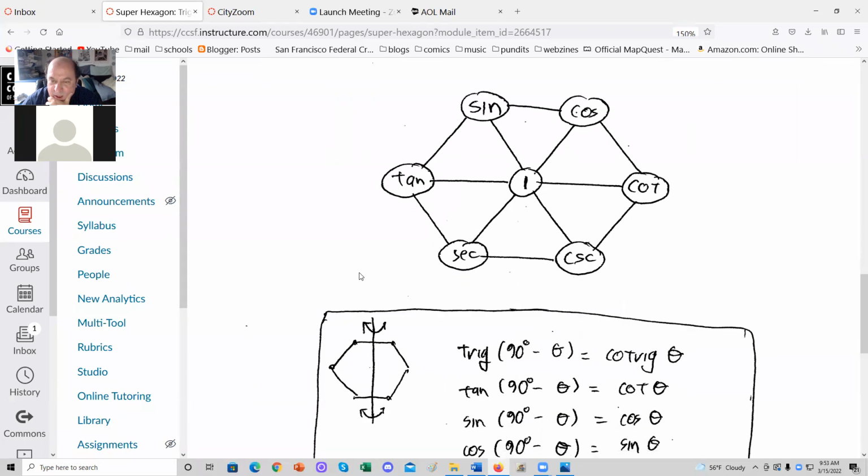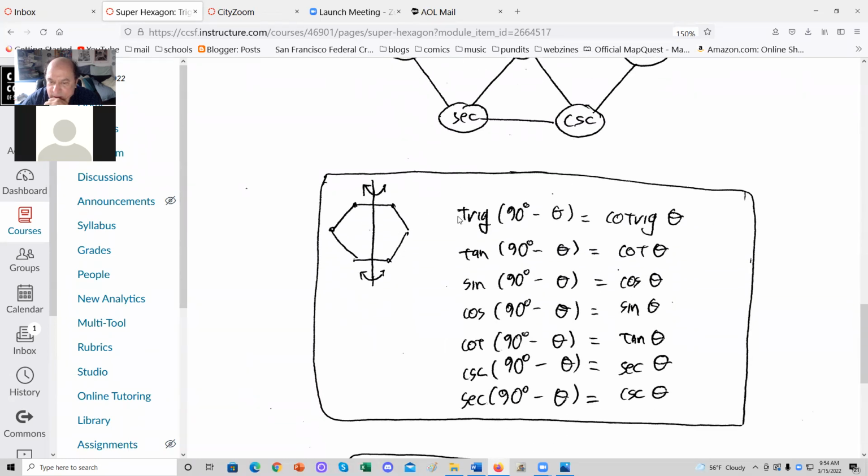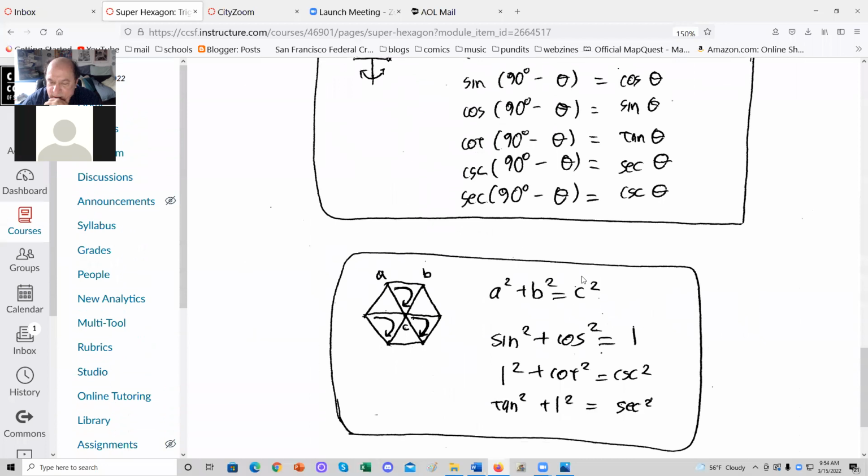Okay, we also have co-trig identities. If you flip through this vertical line, you turn a function into its complement, 90 degrees minus the other. Sine theta is cosine of 90 degrees minus theta. Tangent theta equals cotangent of 90 degrees minus theta. Secant theta equals cosecant of 90 degrees minus theta. So you get the co-trig identities.